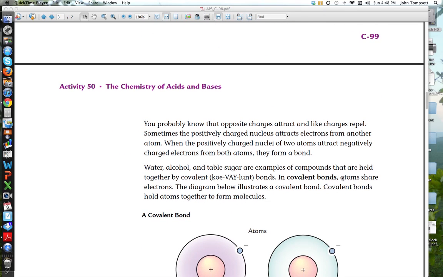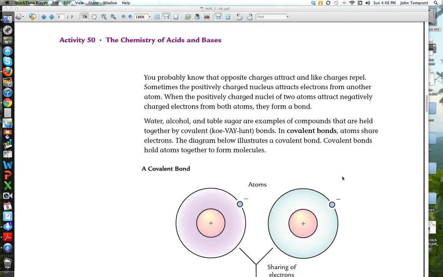Scroll to the next page. You probably know that opposite charges attract and like charges repel. Sometimes the positively charged nucleus attracts electrons from another atom. When the positively charged nuclei of two atoms attract negatively charged electrons from both atoms, they form a bond.